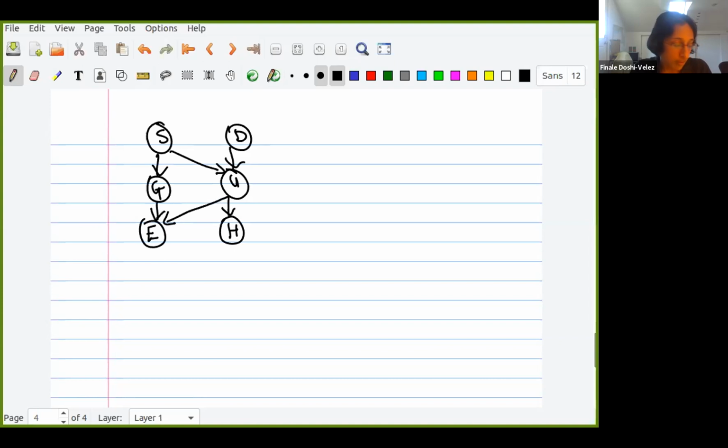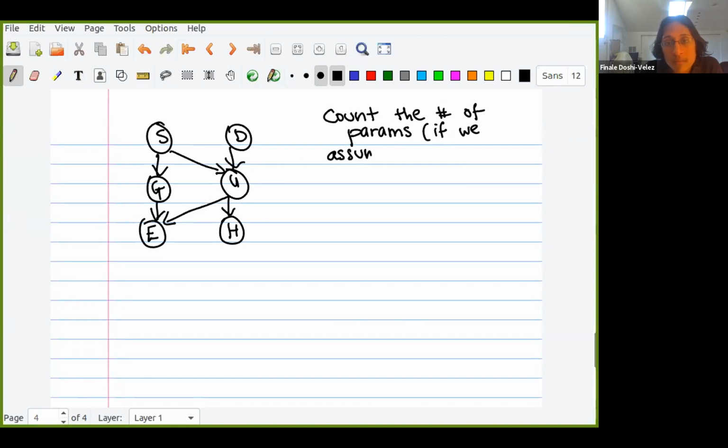And this is what our graph looked like. So let's count the number of parameters needed if we assume that all nodes are binary over here.